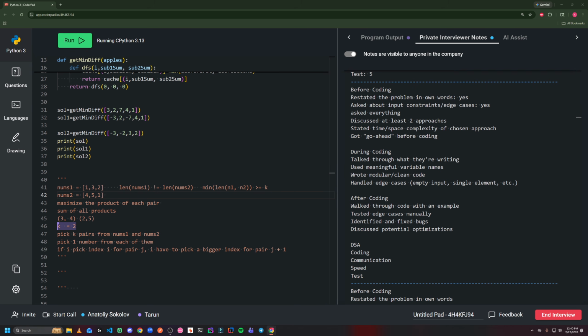So 1, 3, 2, 4, 5, 1. Here the sum is the product of each pair.